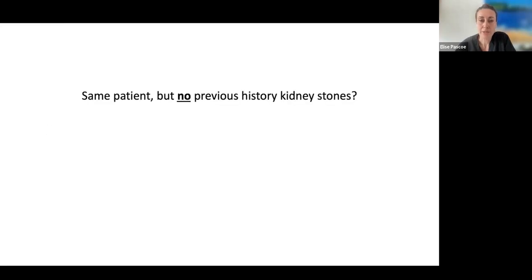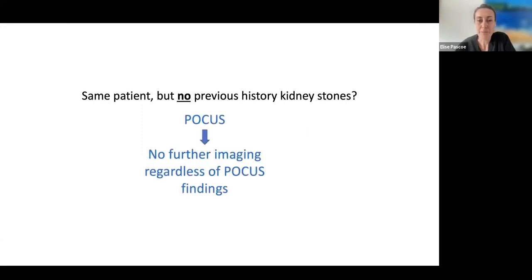So what if same patient, but it's his first presentation? Would that change anything? I won't torture everyone for too long. They universally recommended that we do a bedside ultrasound looking for hydronephrosis.